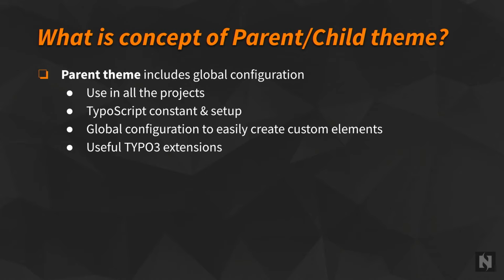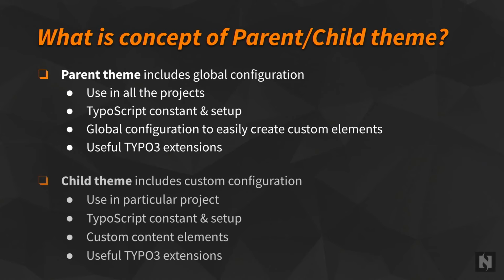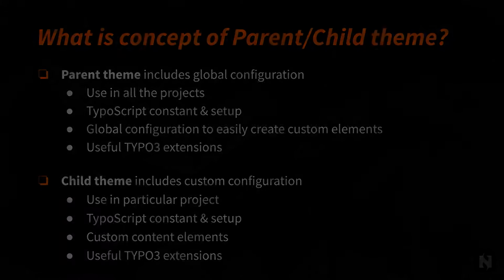The parent theme includes the global configuration, the things usually common to all projects, common TYPO3 configurations, and the custom elements that should be common, plus some useful extensions maybe used in the project, right? And the child theme includes the custom things used for the particular project. It has its own TYPO3 setup, custom elements, and useful extensions for that particular project.